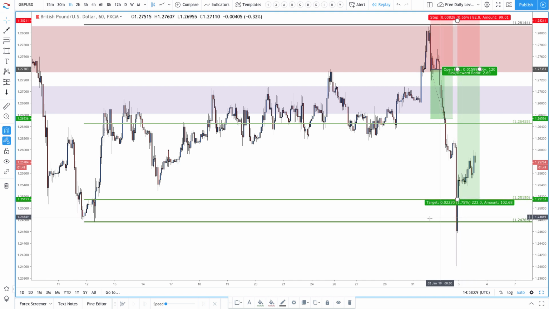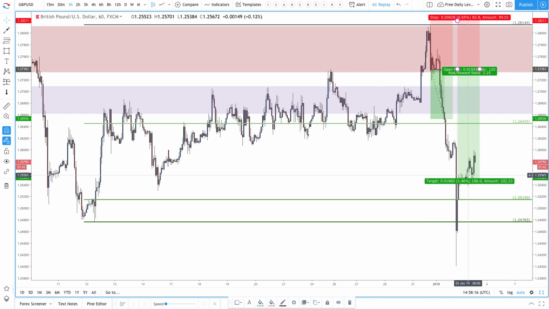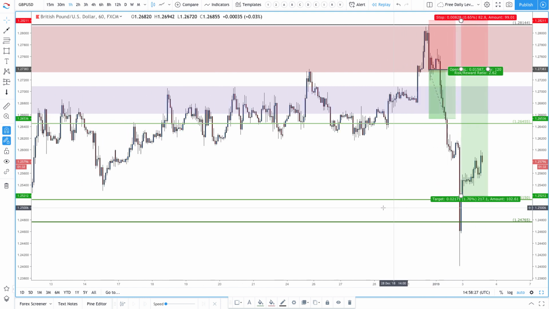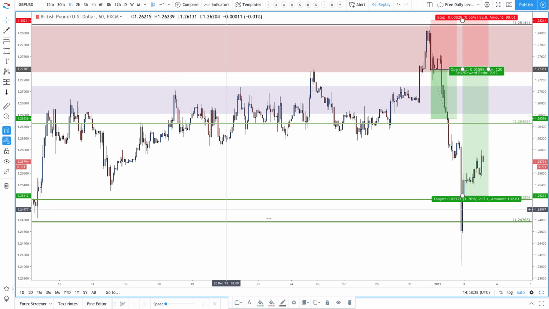So you don't want to try and trade it all the way to the lows, because prices might not make the low. And what happens is as prices start to come down, right, as we're getting lower and lower towards the lows of the range, everyone's looking at this low of the range as an area to potentially take profit.